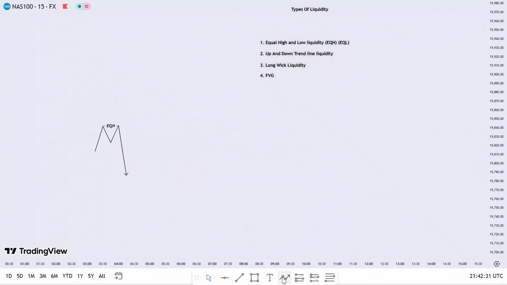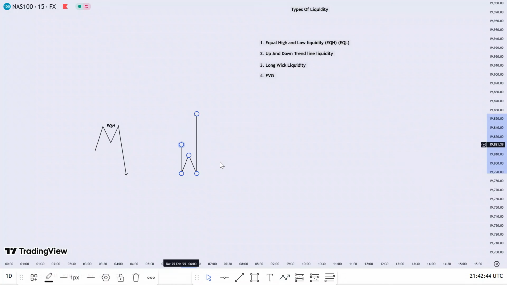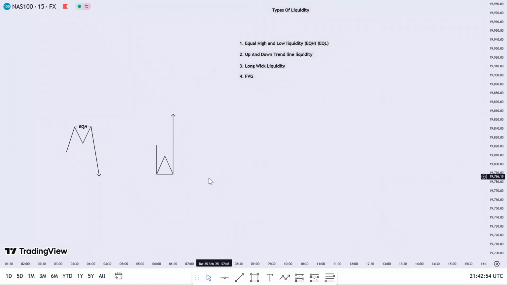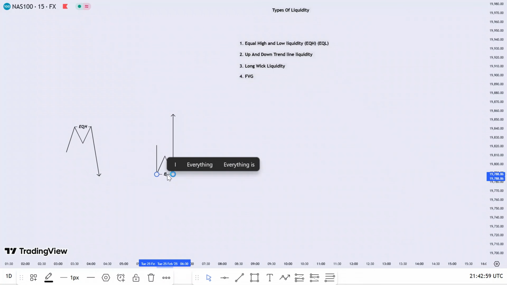And then for the opposite side, you have your equal low or double bottom here. Equal low. Write it there.